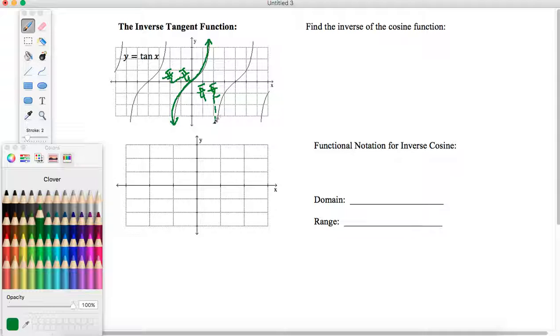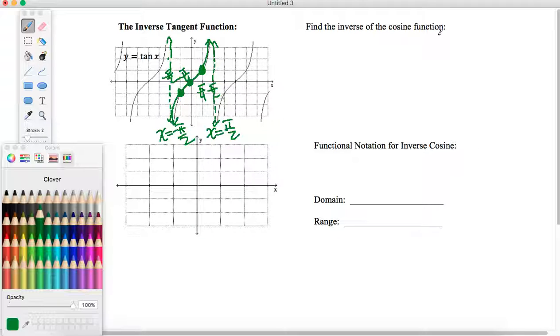And our vertical asymptotes are at x equals pi over 2, and I also have one over here, x equals negative pi over 2. And so I have these points here: negative pi over 4, negative 1; 0, 0; pi over 4, 1.